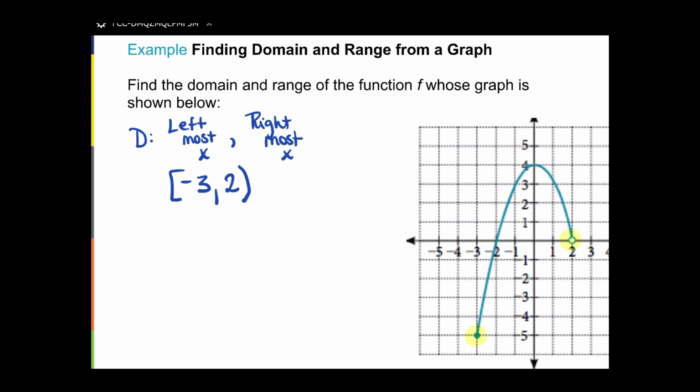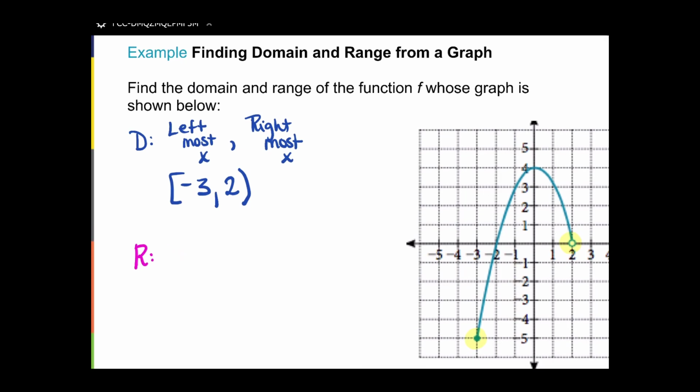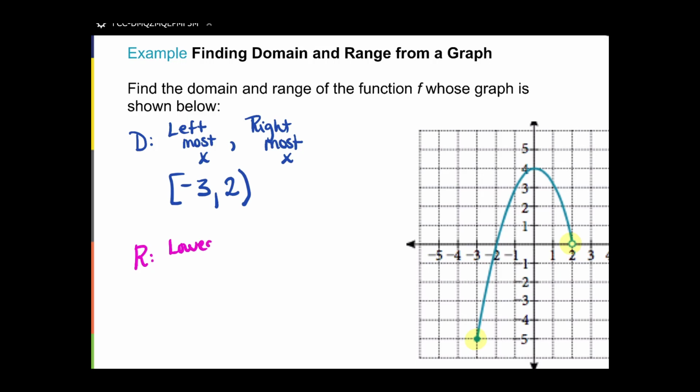Now, we didn't do range. So for range, you're going to go from the top. I'm sorry, I said this wrong. Strike that. We're going to go from the lowest y to the highest y.